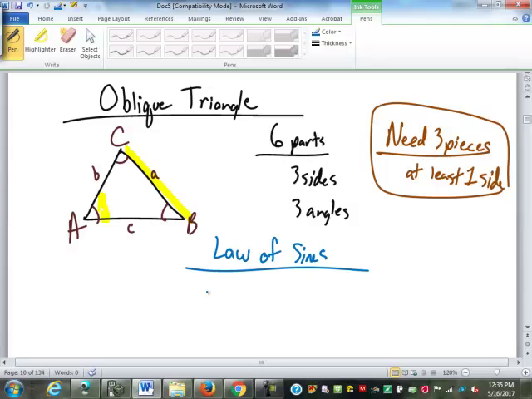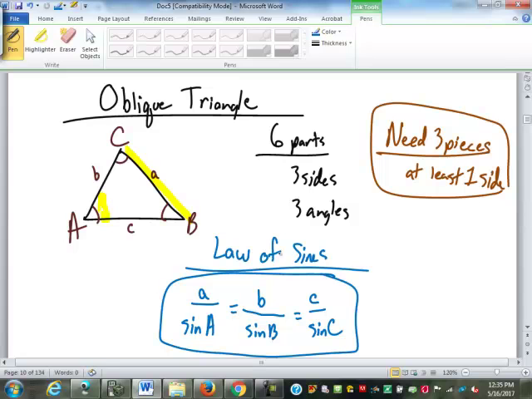What the law of sines says is that the length of the side divided by the sine of its opposite angle, so the length of side a divided by the sine of angle A, is a constant for that triangle. So the length of side b divided by the sine of angle B is going to be the same as that. And it's also going to be the same as the length of side c divided by the sine of angle C. So now with this in place, as we said, we need 3 pieces.